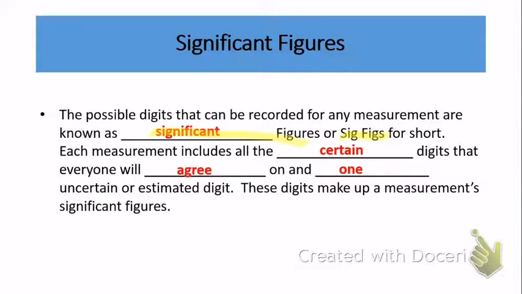Sig figs will always include the digits that are certain. These are the digits that everyone agrees on, regardless of who uses the measuring device. And then we must always include one uncertain or estimated digit in any measurement that we make. Together, the certain digits and the estimated digit make up the significant figures.